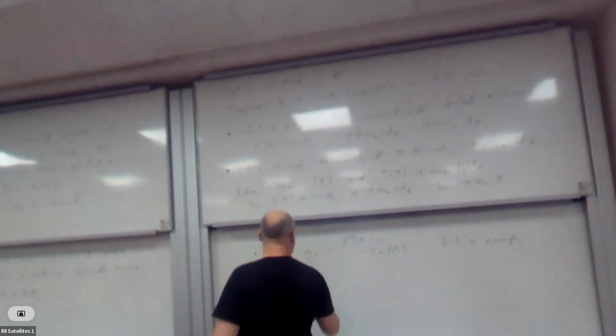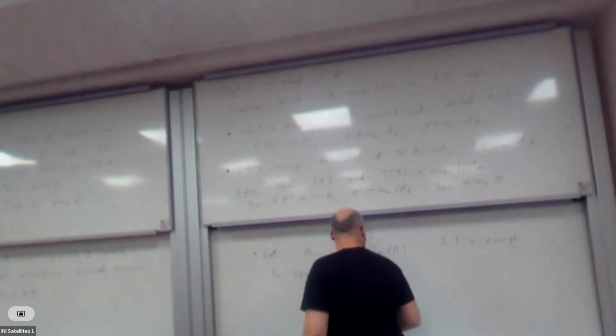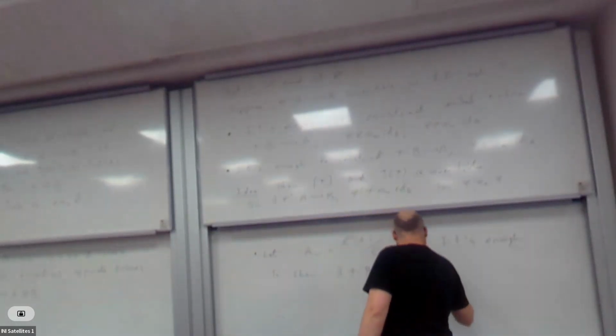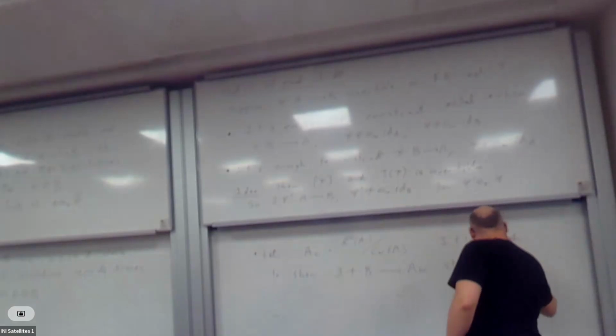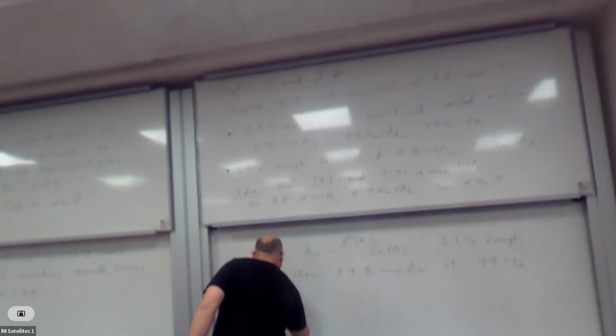So given the phi, there's a psi from B not into A, but into A omega. That's a left inverse of phi. What is that?